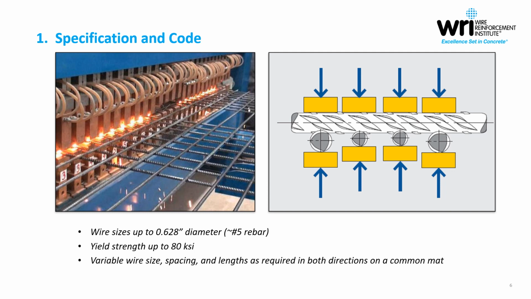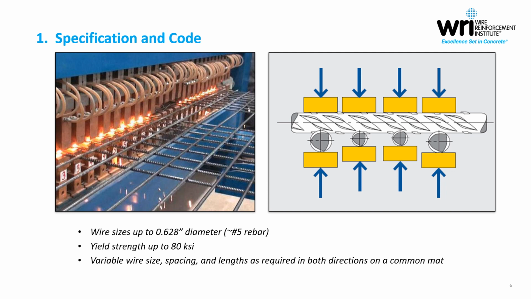The image on the right is a schematic diagram of the electrodes, which are shown in yellow, contacting the wire intersection from above and below. Current is then passed through the wires to fuse them together. The process of creating a welded intersection is essentially instantaneous, not taking any longer than half a second or so.